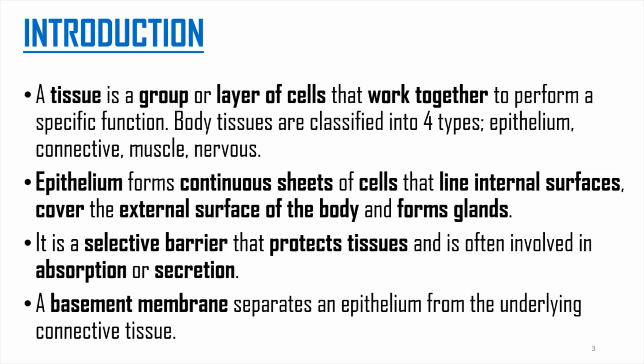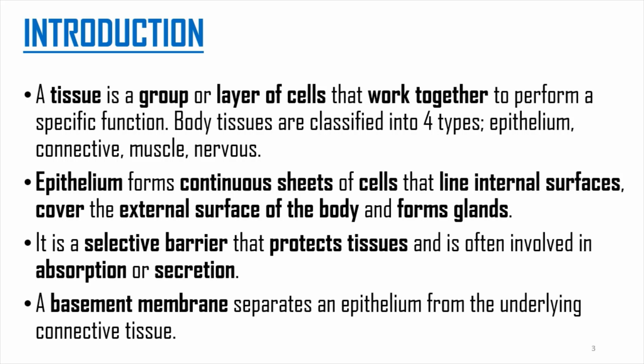So now, the epithelial tissue forms continuous sheets of cells that line internal surfaces, cover the external surface of the body, and forms glands. It is a selective barrier that protects tissues and is often involved in absorption and secretion.